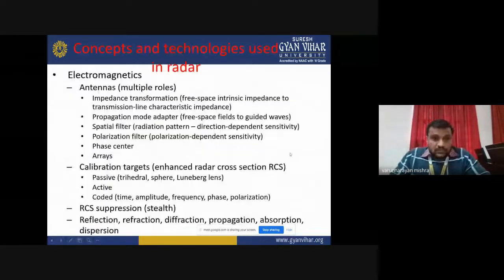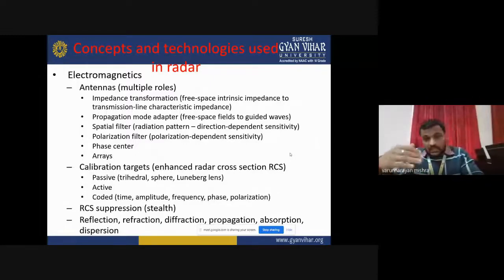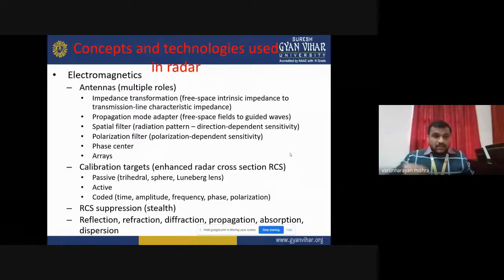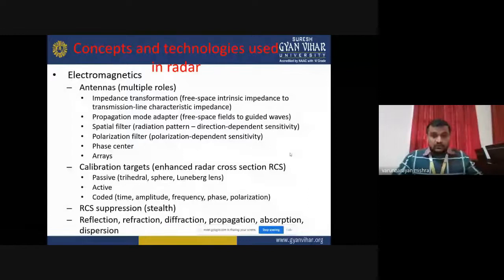Okay, so in radar we use an antenna. The antenna is very important. It's an instrument that has multiple roles. It is used for impedance transformation, from free space intrinsic impedance to the transmission line characteristics, and it is also used as a propagation mode adapter, and sometimes as a spatial filter that is useful for discriminating the radiation pattern coming from the target.